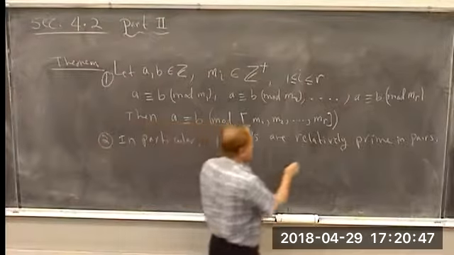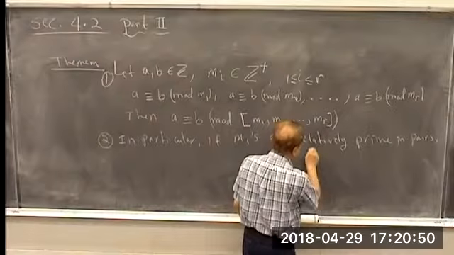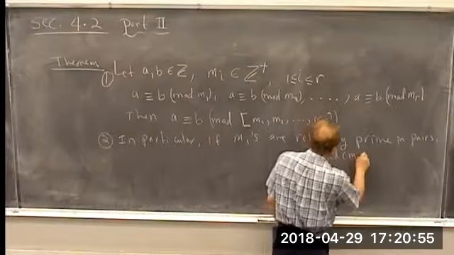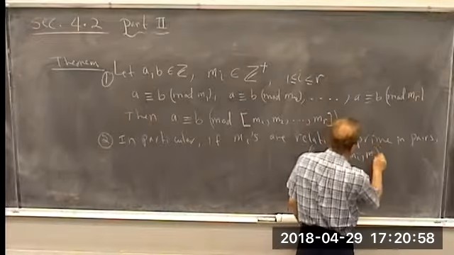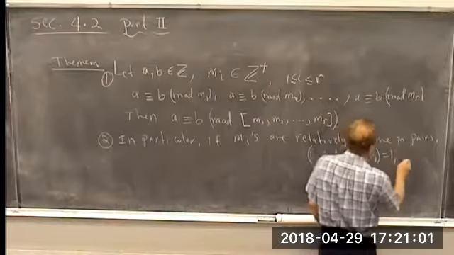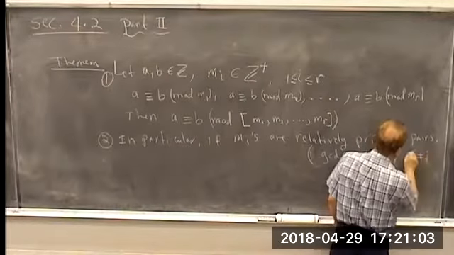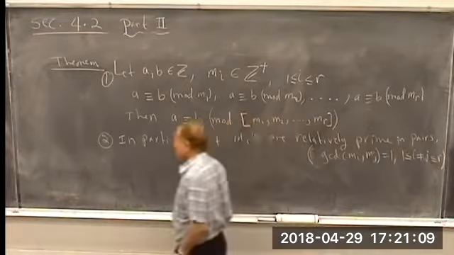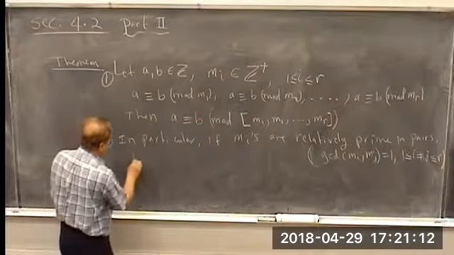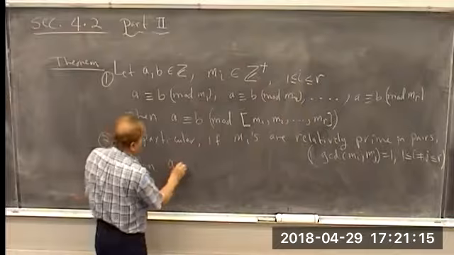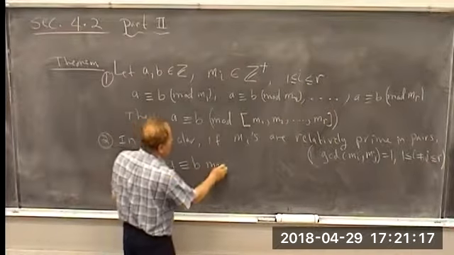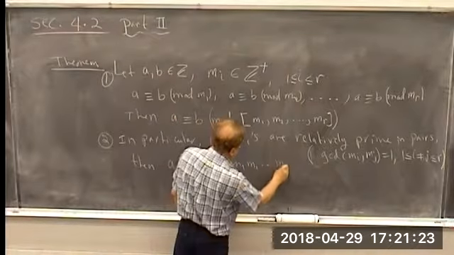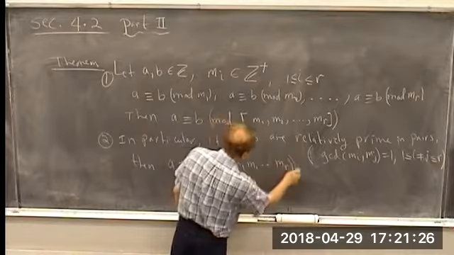What does this mean? This means that the greatest common divisor of any distinct ones, Mi, Mj, is equal to 1 for every i not equal to j between 1 and l. Okay? So if this is the case, then A is congruent to B mod their product, M1, M2, up to Ml.